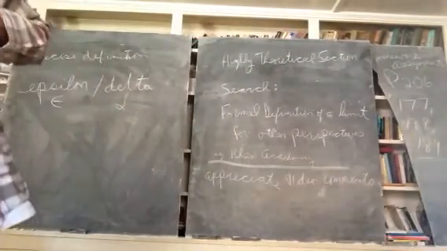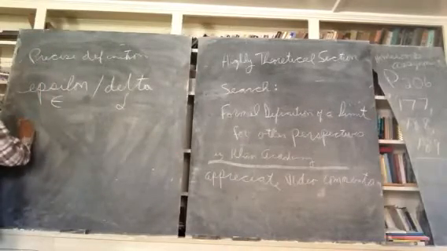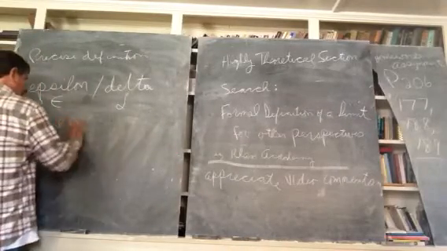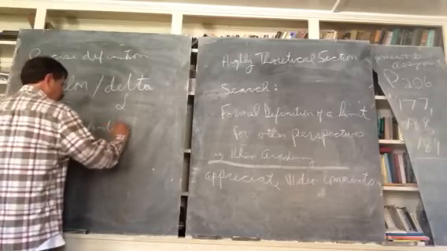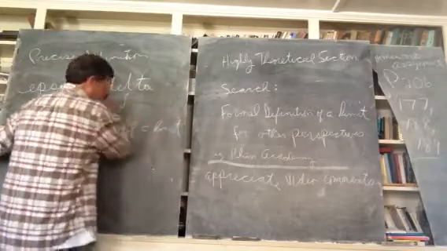And so epsilon delta, let's do this. Let's write the formal definition of a limit. And then we'll talk quite a bit more about epsilon and delta.